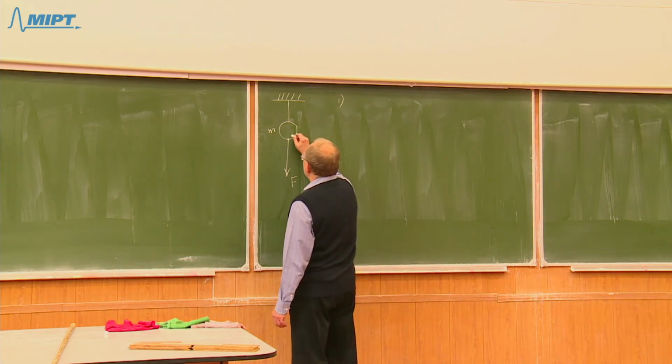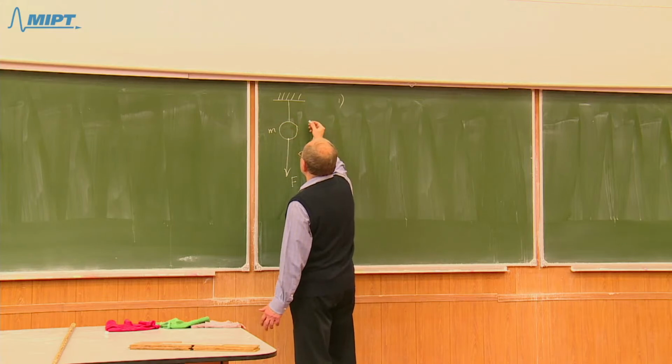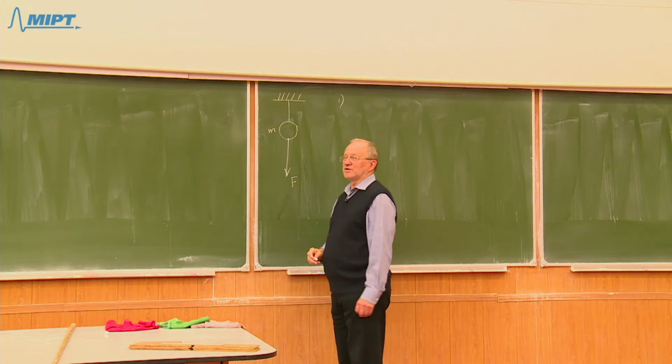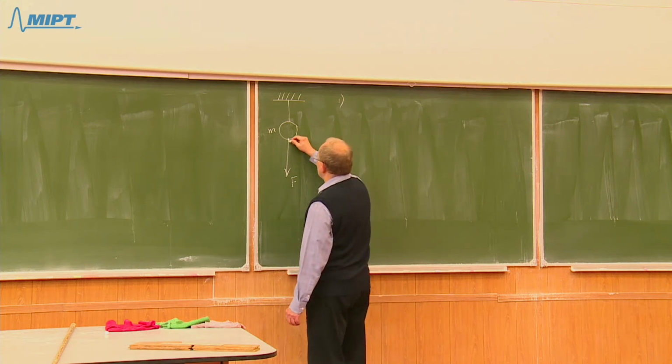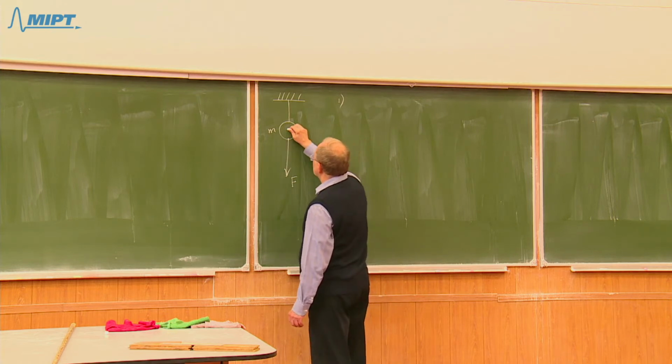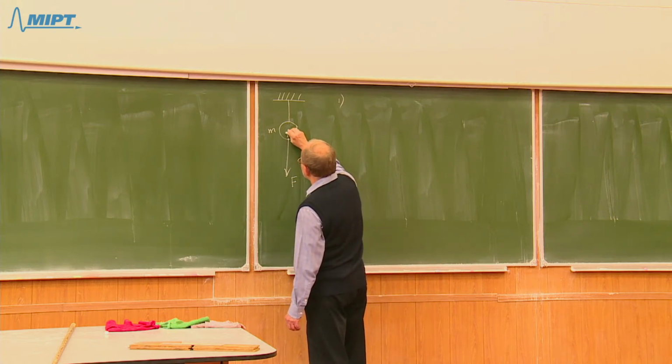So if I pull down the string, then there will be some forces acting on this weight, on this ball. The first force is F, with which I pull the string. The second force is the weight, which is mg.